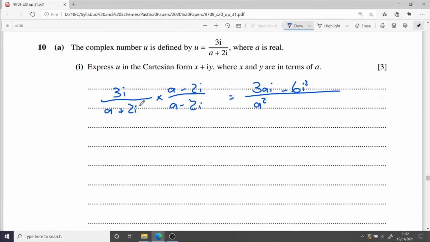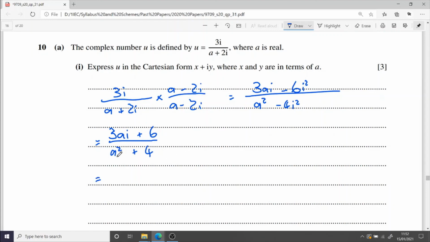The two middle terms will cancel each other out, plus 2ai minus 2ai, so we're just left with our last terms, and we have 2 times negative 2, which is negative 4, and then times i squared again. Okay, so on the top we get 3ai. i squared is minus 1, so this is going to become plus 6. And on the bottom, a squared, and again i squared is minus 1, so this will become a squared plus 4.